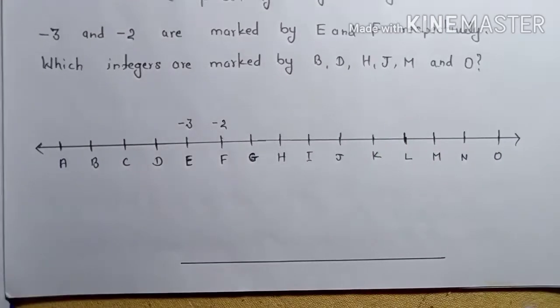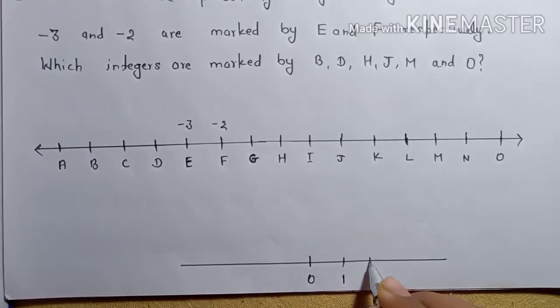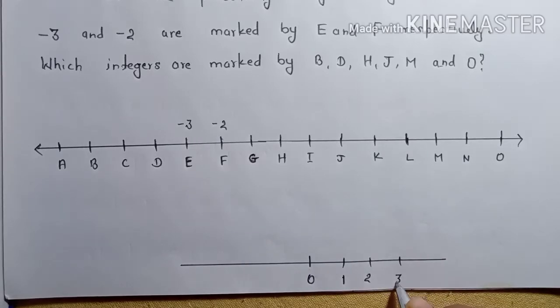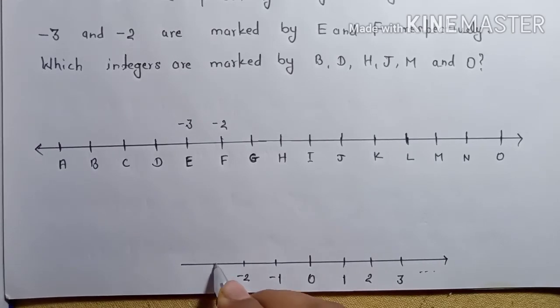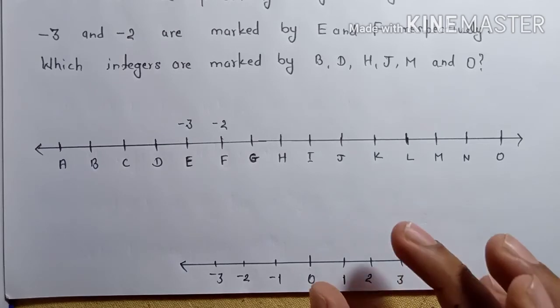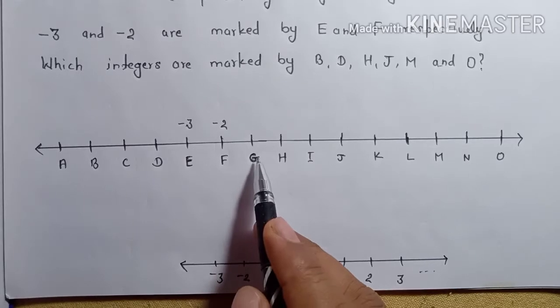So first prepare a number line. If this is a number line, this is 0, this is 1, 2, 3 and so on up to infinite, and this is -1, -2, -3 and so on up to infinite. So you can have an idea from here of what D is.